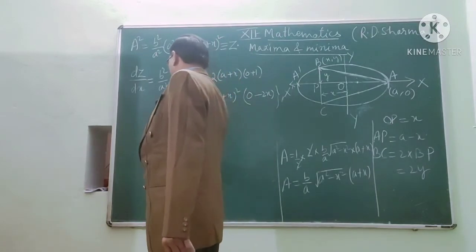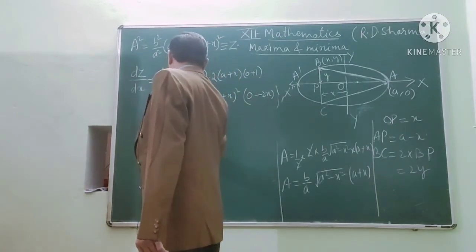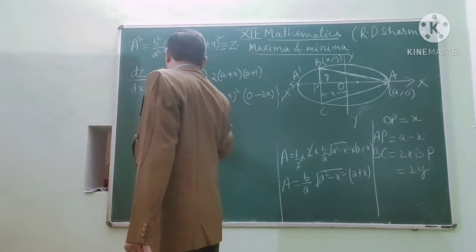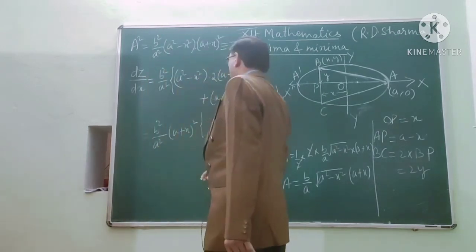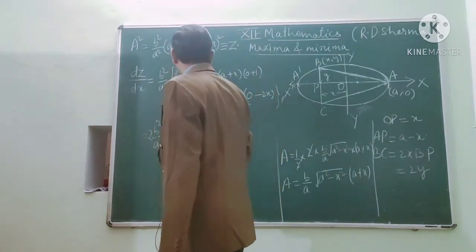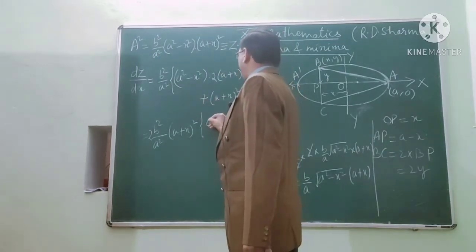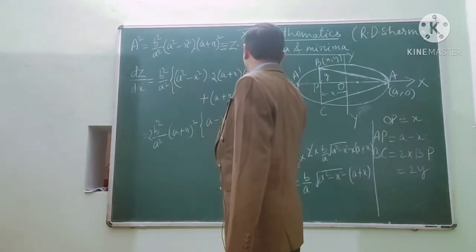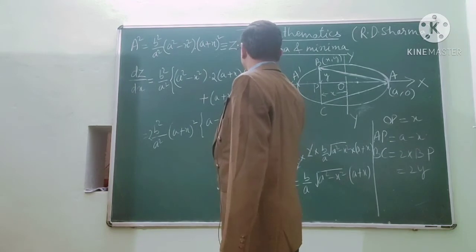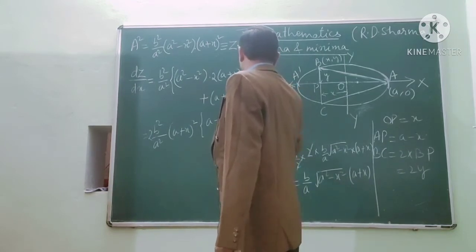So a plus x whole square is common, and 2 is also common here. Then it is a minus x minus x.